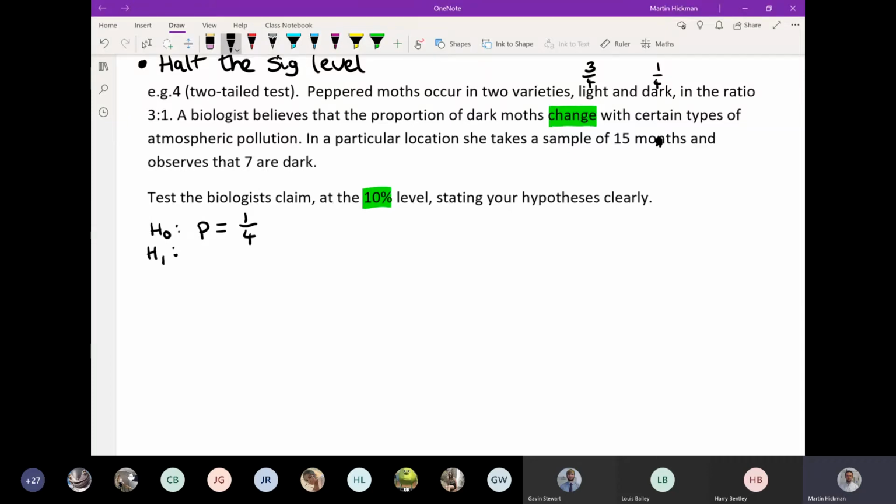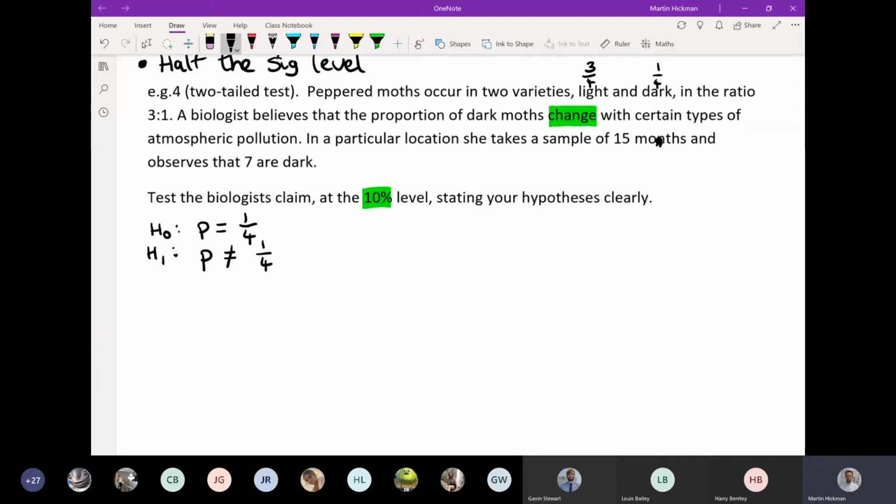Alternatively, I could do this problem for the light moths instead. So I could do probability is 3/4 if I look at the light ones. But because in the question I'm told that 7 are dark, I'm just going to keep it with the dark moths here. The alternative hypothesis, we write the probability does not equal 1/4.